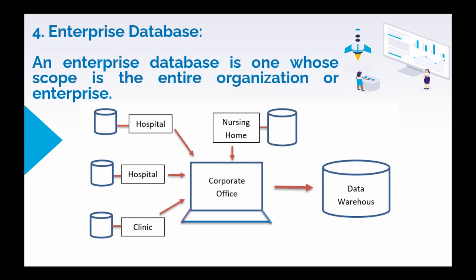The various operational databases are the ones you see in this illustration: you have the hospitals, two of them, and then you have the clinic and the nursing home. So, operational.